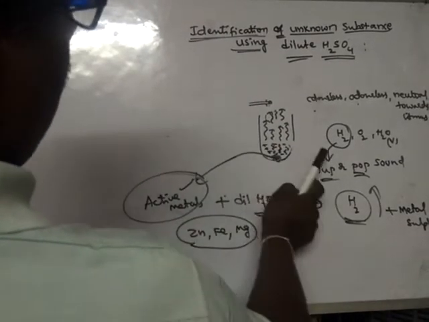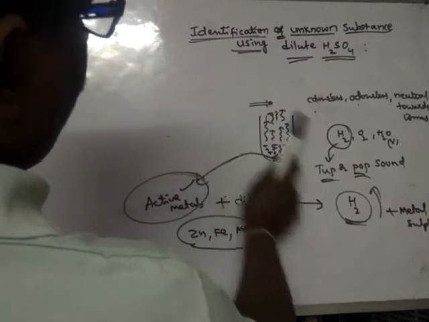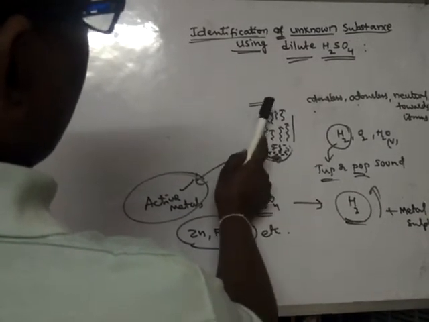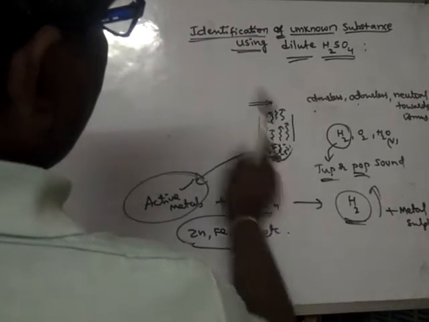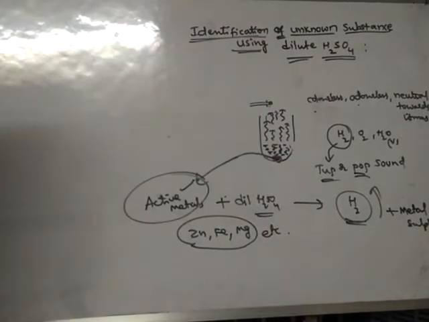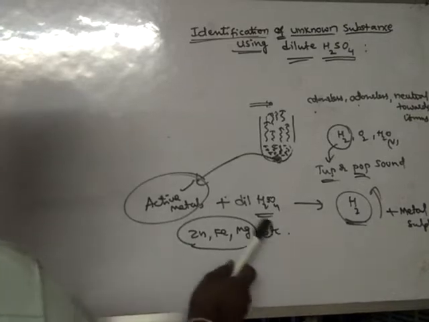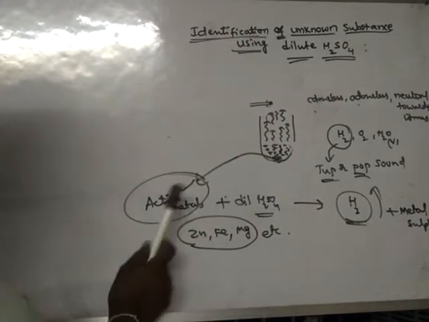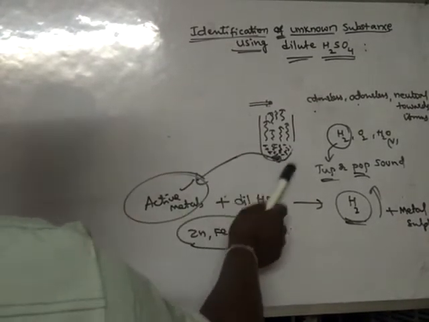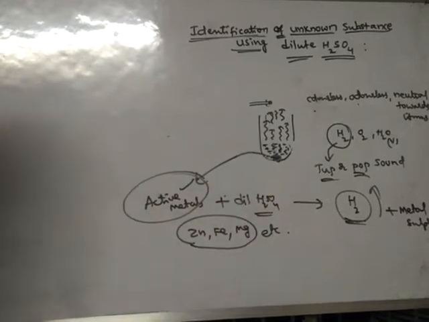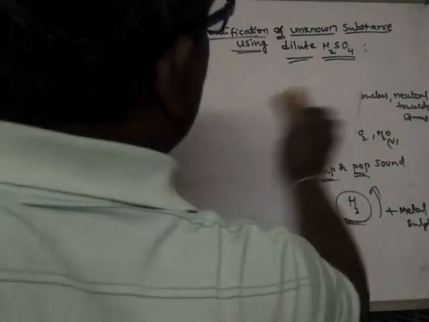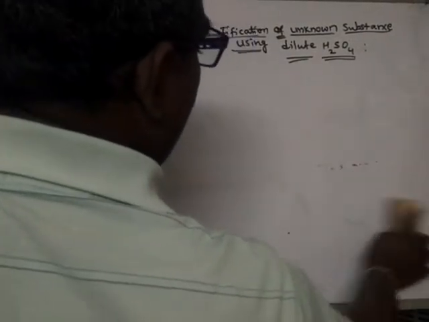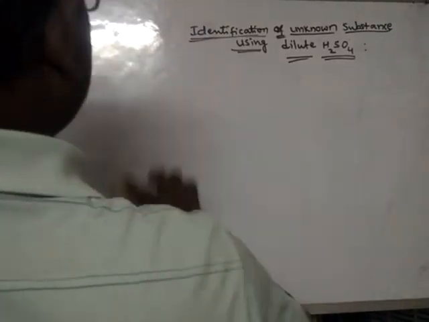By simply doing the flame test. If the flame is put off by making a tup or pop sound, then that gas is hydrogen gas. So the given substance is an active metal. In this way sulfuric acid helps us to identify different substances.